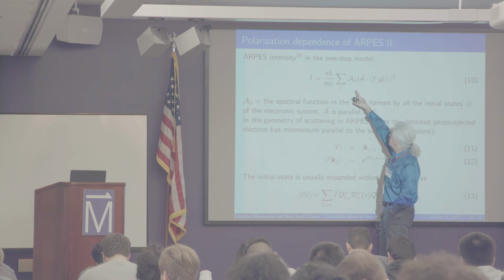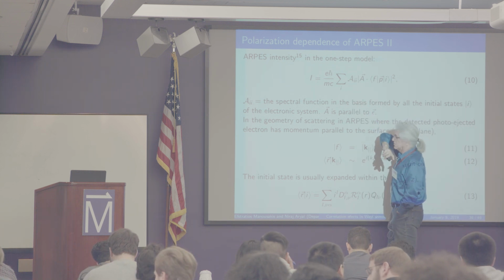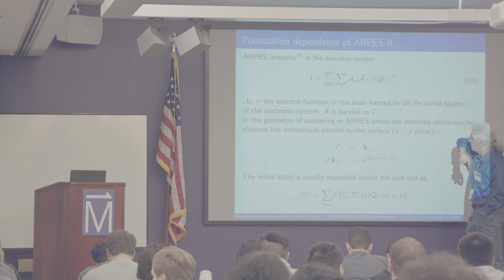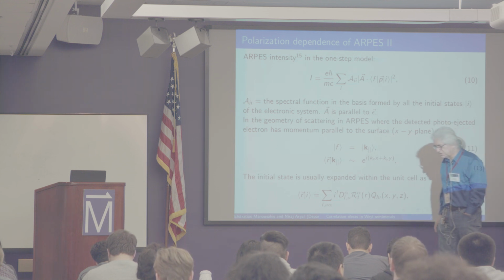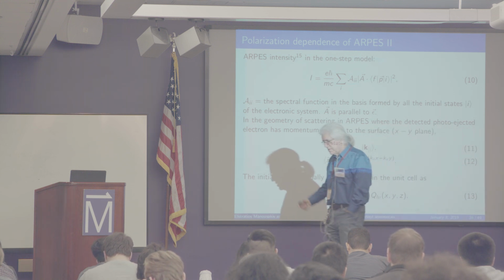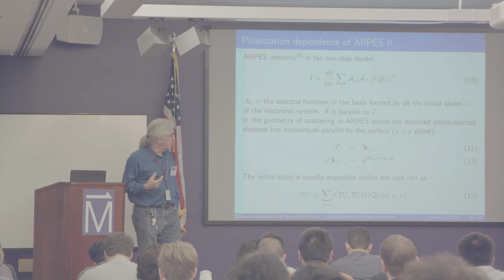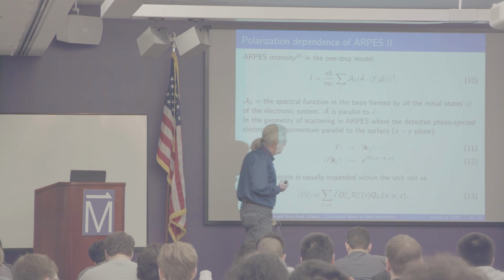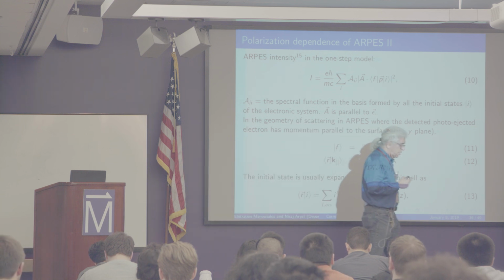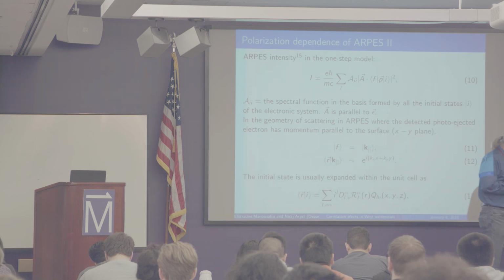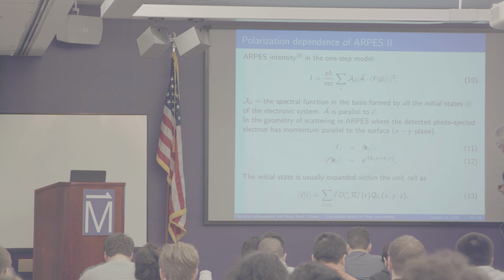This is the famous single particle spectral function, the imaginary part of the Green's function, and there is the matrix element of the dipole operator between initial and final state. The initial state is the state inside your crystal, and the final state is what you observe at the ARPES detector.